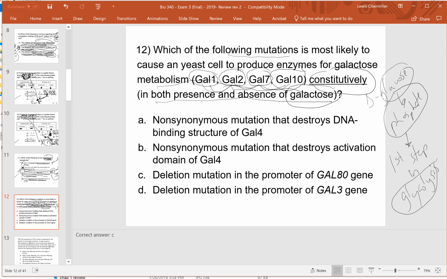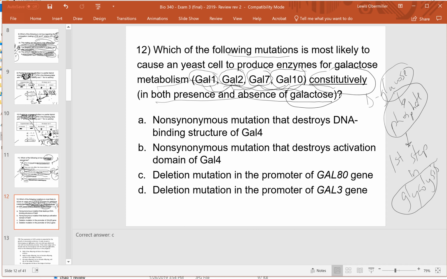We haven't talked about this yet, but there is an upstream activator sequence, or UAS, which GAL4 binds to. GAL4 is responsible for turning on galactose.